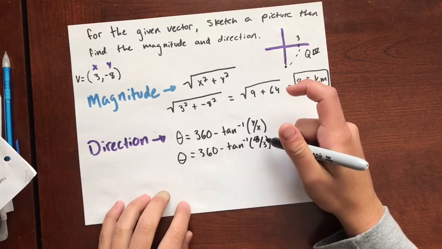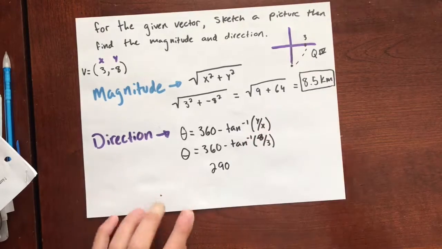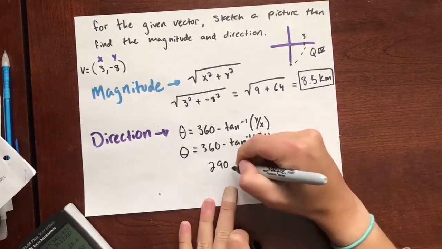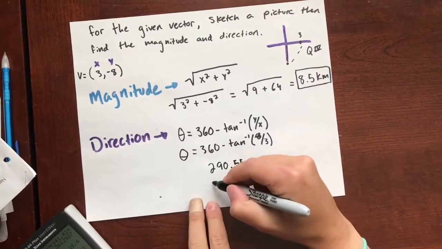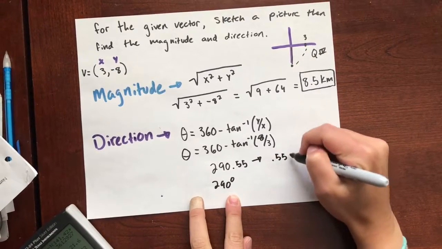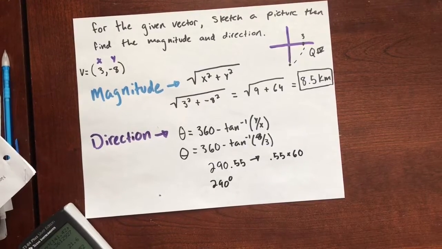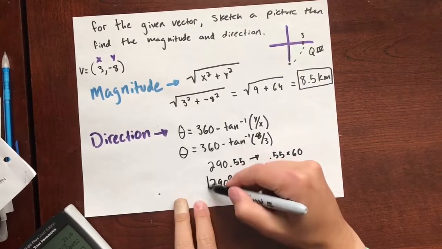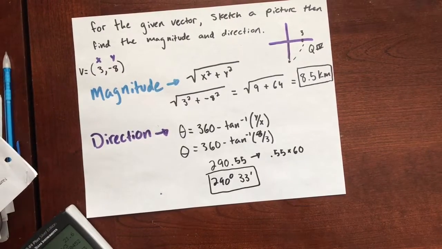And then that equals 290.55. And so we need to convert this into degrees. So we still have our 290 degrees, but to convert this, we need to multiply 0.55 times 60. And that's going to give us our 33. And that's it for direction and magnitude for just a very simple vector problem.